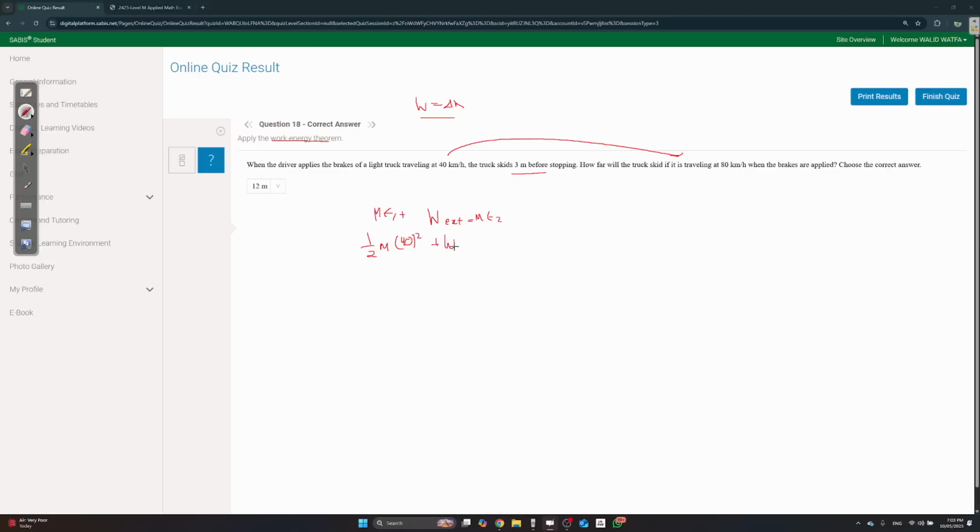Plus W external is equal to ME2, which is again the kinetic energy, now with 80. We're going to say half times m times 80 squared. Why I'm writing this is I want you to see, let's move everything to one side. W external is going to be half m times 80 squared minus half m times 40 squared.